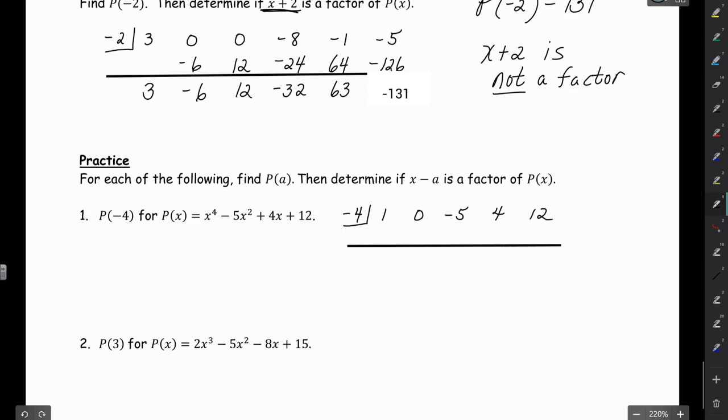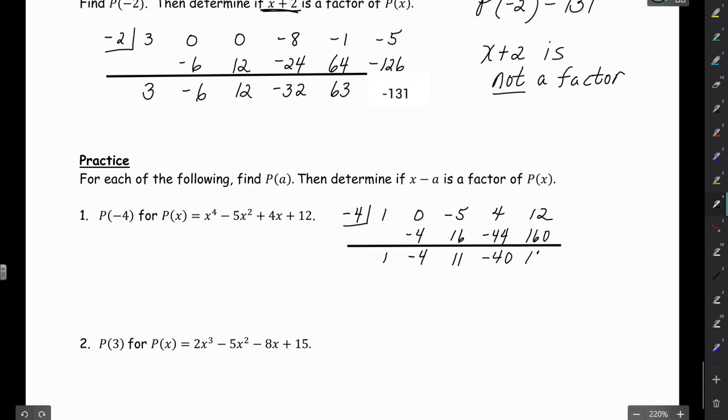Use synthetic division, bring down the 1. 1 times negative 4 is negative 4. 0 minus 4 is negative 4. Negative 4 times negative 4 is 16. Negative 5 plus 16 is 11. 11 times negative 4 is negative 44. 4 minus 44 is minus 40. Minus 4 times minus 40 is 160.